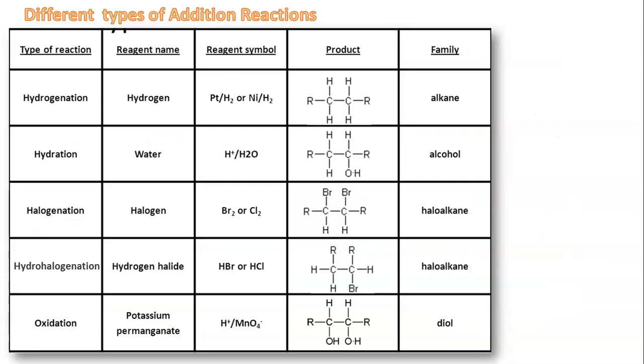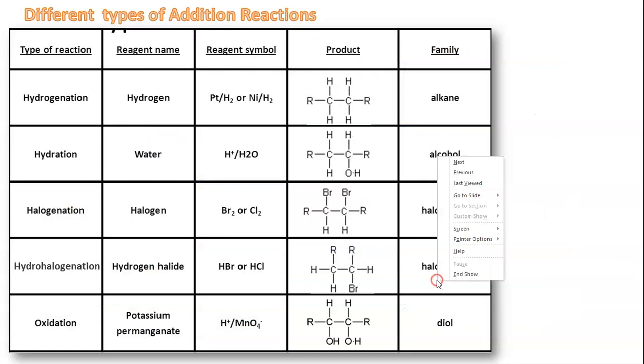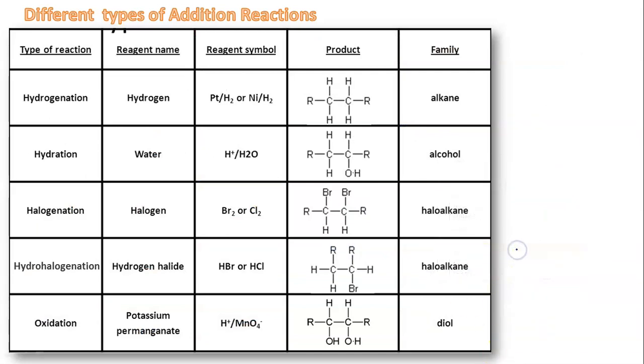Now there are different types of addition reaction. Here we have some columns, and in each column we have first the type of reaction, then the reagent name, then the reagent symbol, then the product, and finally the nature of the product, that is, under which family the product belongs.